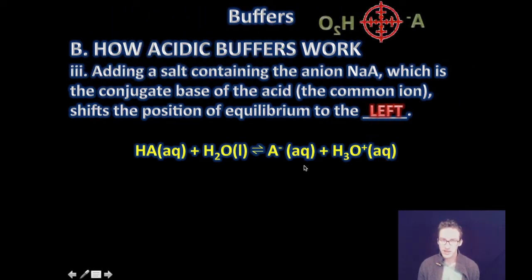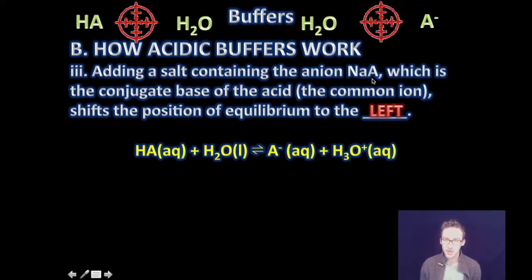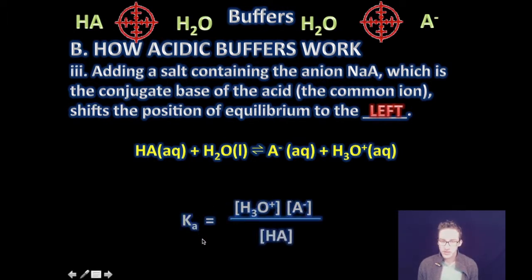Okay, and the last thing to think about when we think about buffers is essentially when you add that salt that contains the conjugate base anion. And again, you're shown in your notes here, it's usually some sort of sodium salt. The anion in that sodium salt is going to be the conjugate base of whatever weak acid you're working with. So as you think about your equilibrium constant expression, when you add that salt to create your buffer solution, essentially you put a bunch of this ion, your conjugate base, in solution.